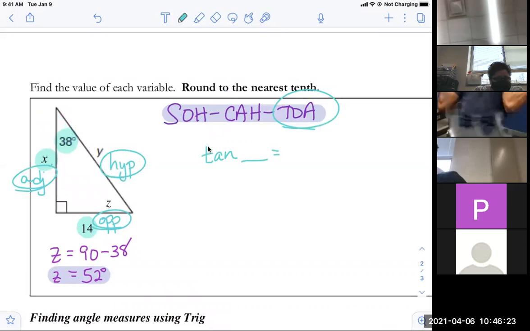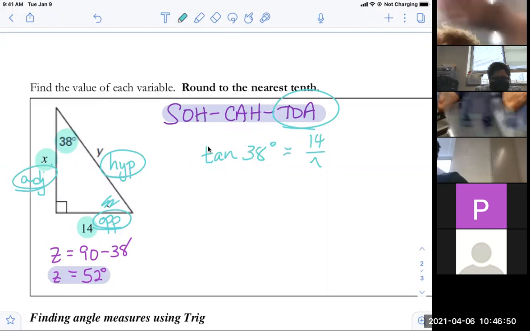So it'll be tangent of, well, if we're using opposite and adjacent, that's in relation to 38 degrees. So it'll be 38 degrees. I intentionally did not write the 52 there because I don't want to confuse you. We know this is 52, but let's just use the angle that was given. Okay, tangent 38 is opposite 14 over adjacent X.